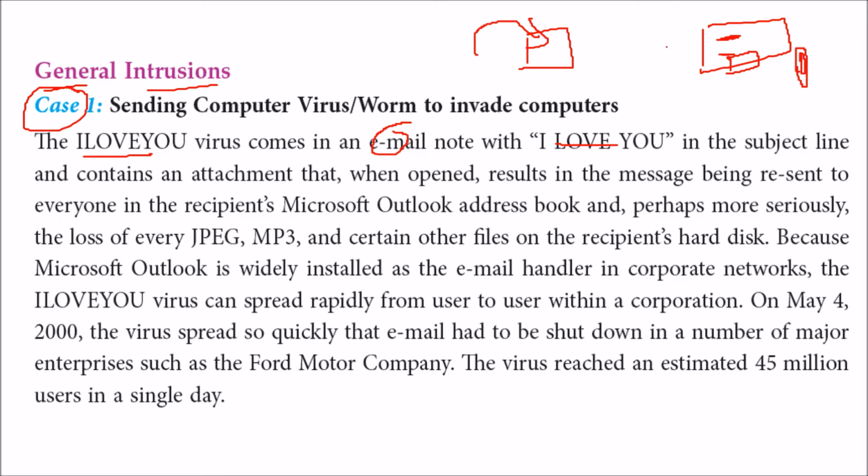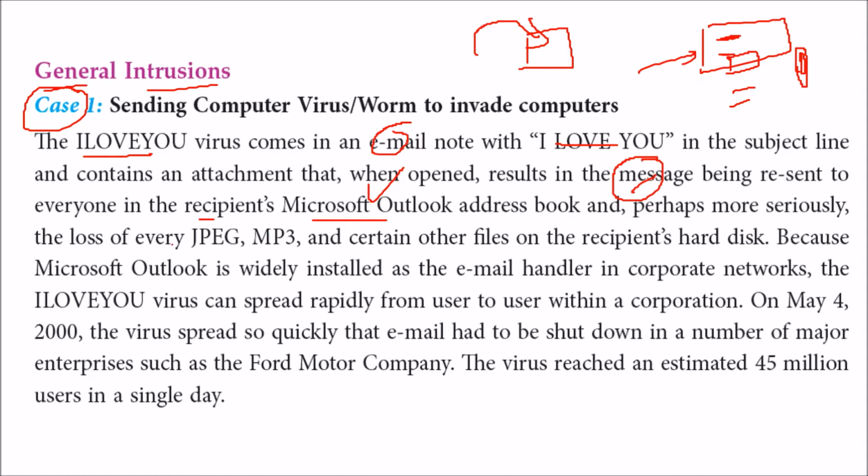When this attachment is opened, the result is that the message is resent to everyone in the recipient's Microsoft Outlook address book. So whichever names or email addresses are there in Microsoft Outlook, all those people will get this message.